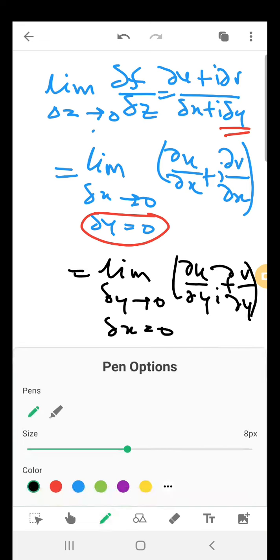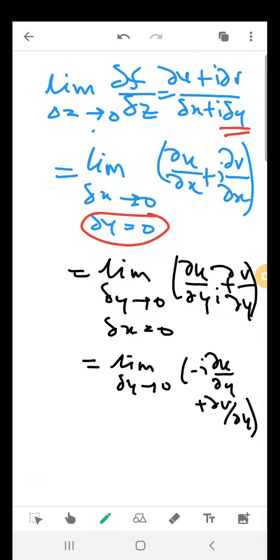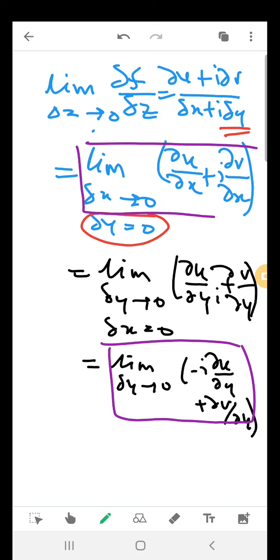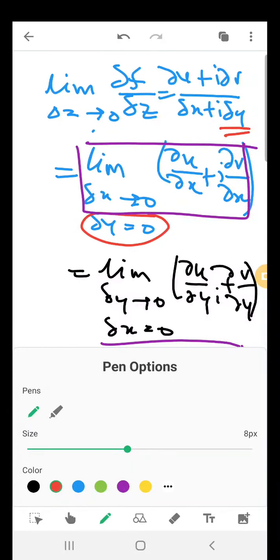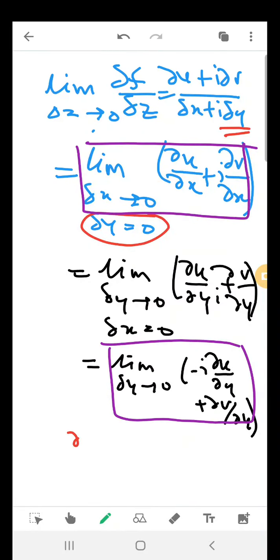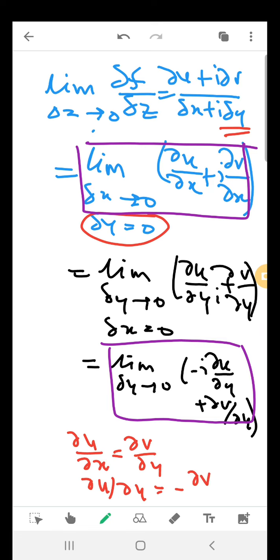Now these two are equal. If we compare these two, what we get is del u by del x is equal to del v by del y, and del u by del y is equal to minus del v by del x.